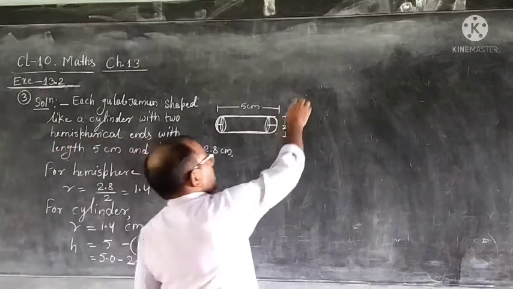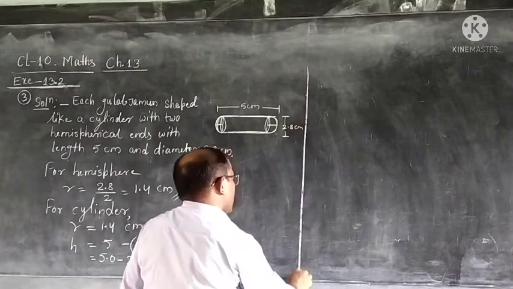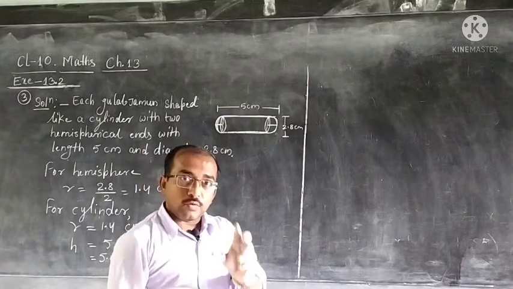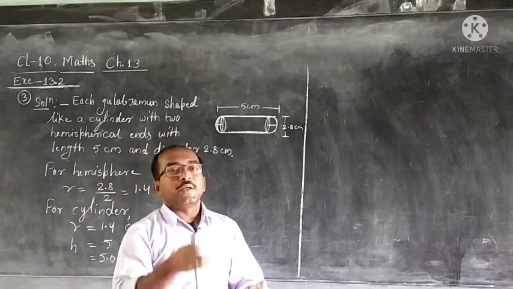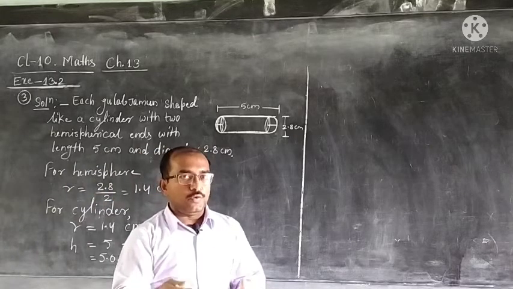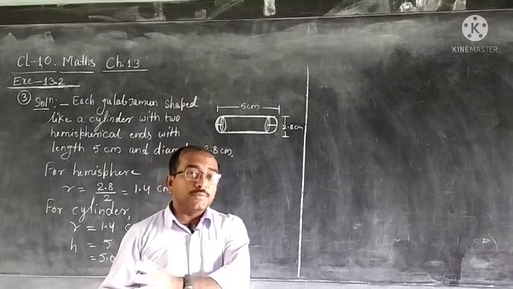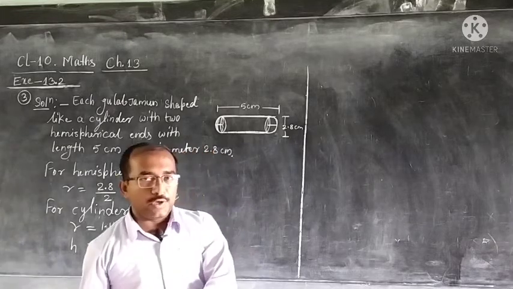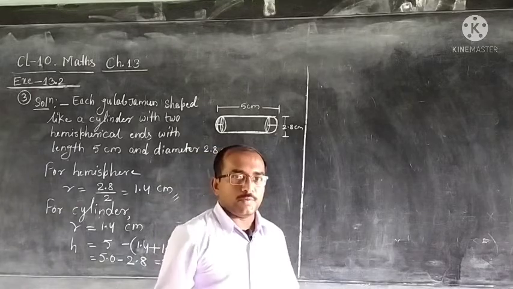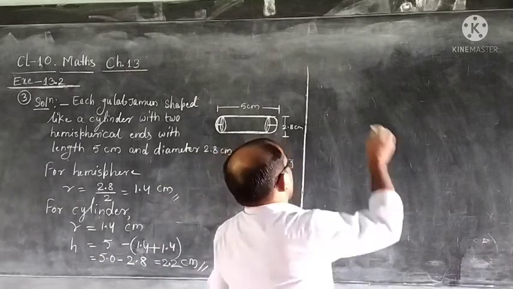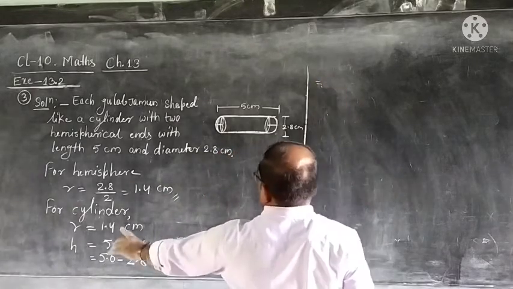Then we go for finding the volume of 1 gulab jamun. First we will calculate for 1 gulab jamun volume, then 30% of that volume will be syrup, and there are 45 gulab jamuns. We will multiply by 45 to find the amount of syrup in all 45 gulab jamuns. I hope you have understood the concept here. So, let us start.